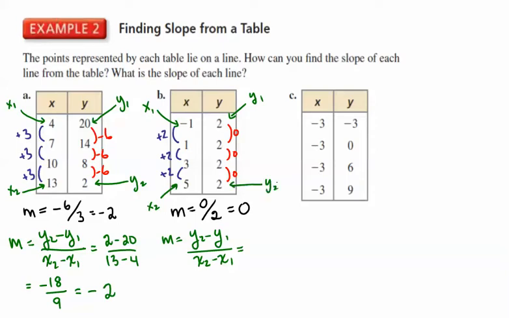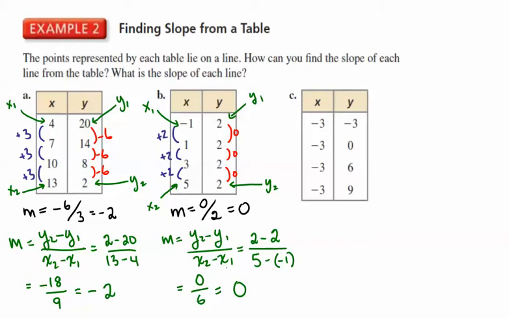You can pick any points, it doesn't matter. We start with y2, which is 2, minus y1, which is 2, over x2, which is 5, minus x1, which is negative 1 in this case. And we would get 0 over 6. And 0 divided by anything other than 0 is 0.